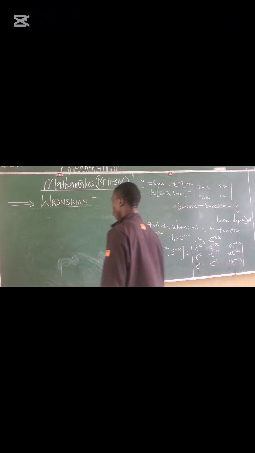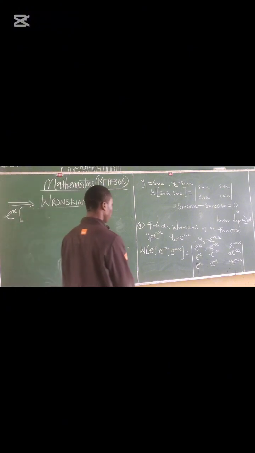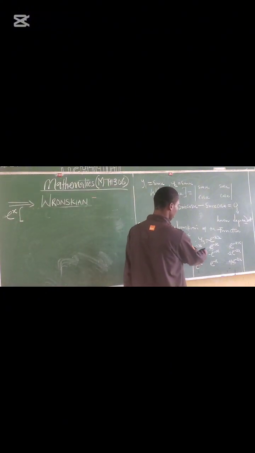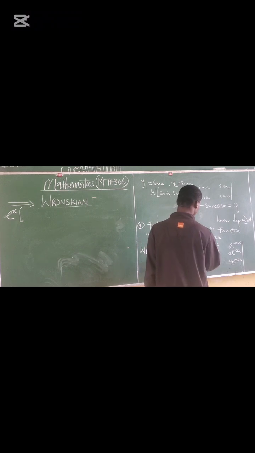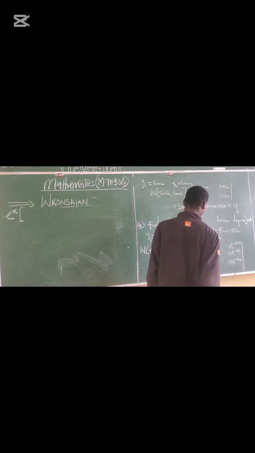So alright, I'm going to use basic knowledge of solving a determinant to do this. So the first one I have there is my exponential x into, so the major idea is the sign will move in the form of plus minus plus. If the first number is plus, the next one should be minus, then the other one should be plus, just like that.